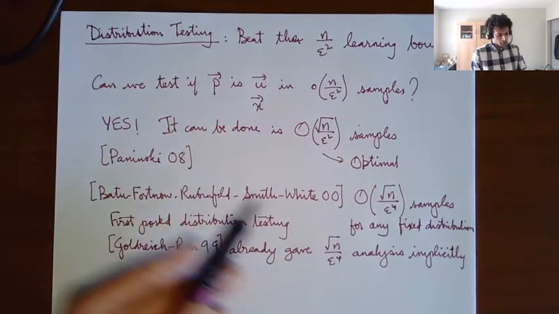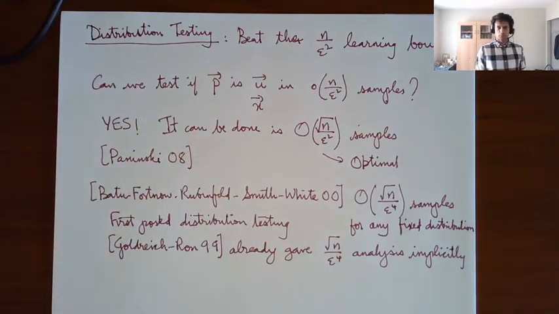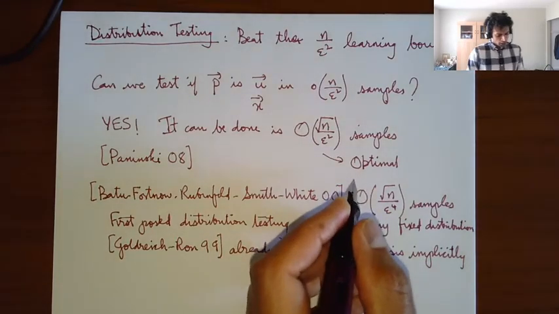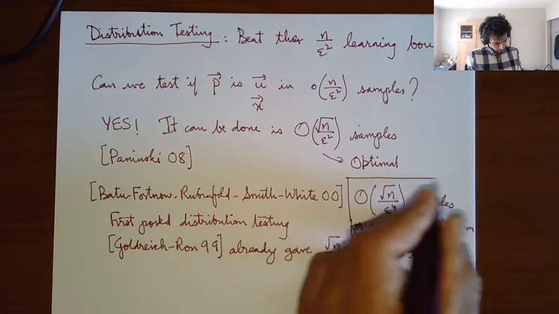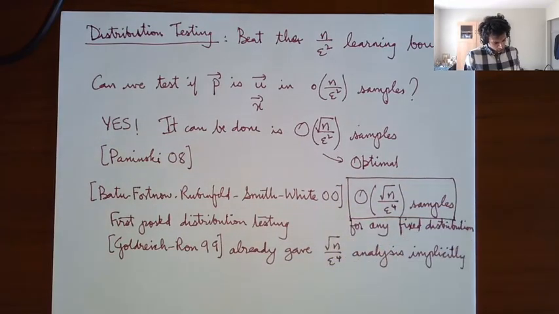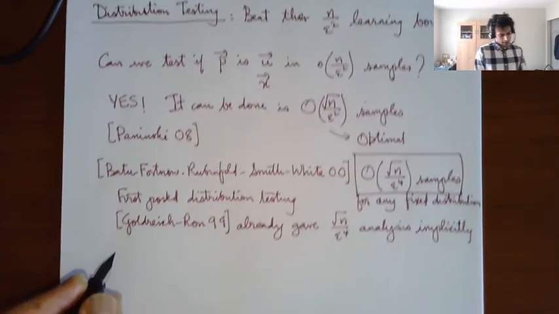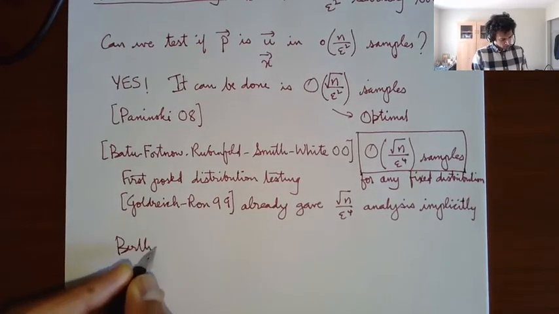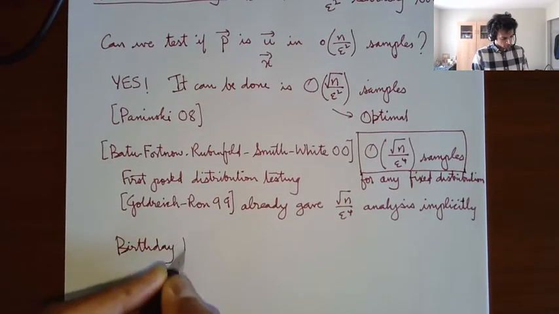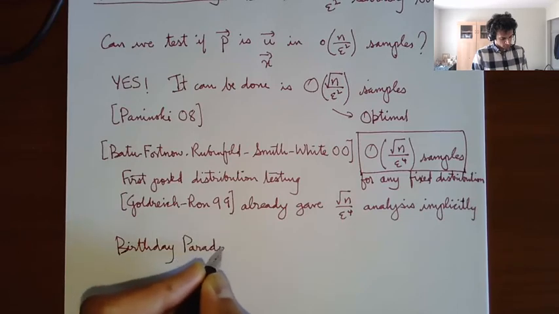And this analysis has been subsequently improved to root n over epsilon squared in a series of very non-trivial works. What I would like to show, though I don't think I'm going to have enough time to finish the analysis today, is this result. And if you want to know where the root n comes from, it's the birthday paradox.